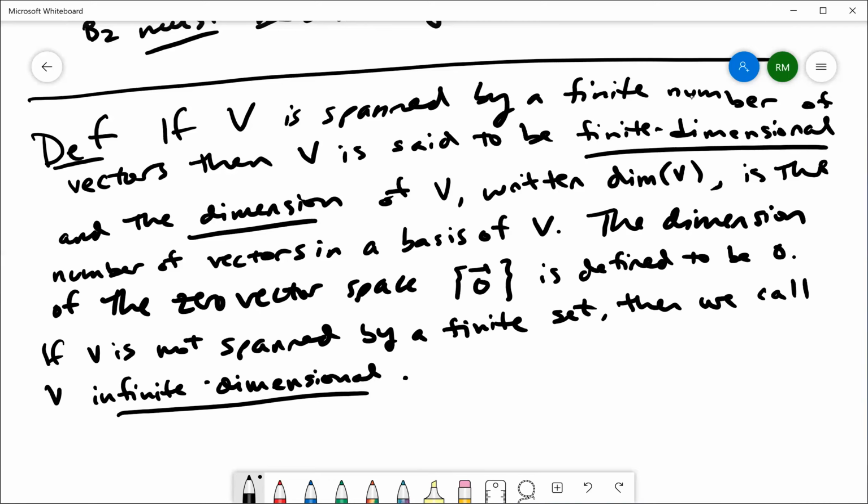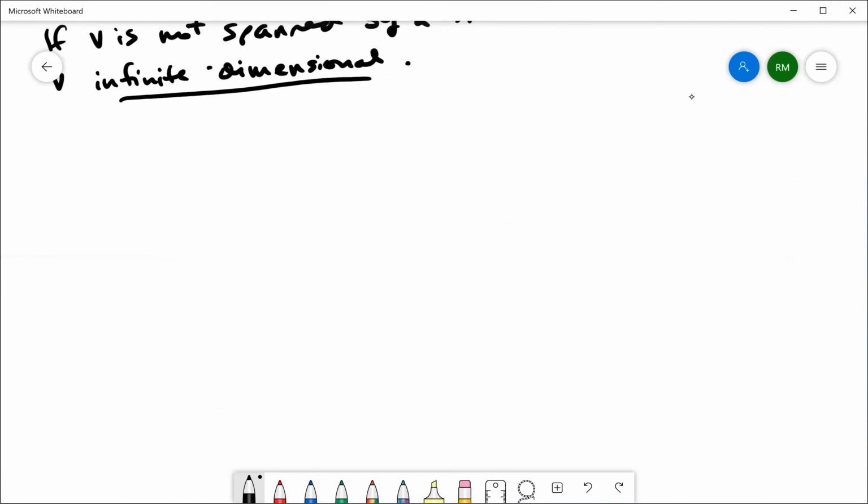Okay, so we're not going to work a whole lot with infinite dimensional vector spaces because they're a lot worse. That's all I'll say about that for now.